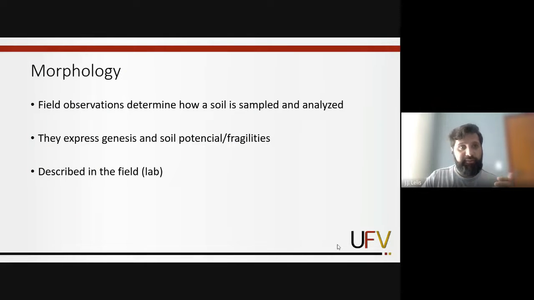And I can understand which use I can propose for one soil and which use I should avoid for one specific soil according to its morphology, okay? All these properties should be described in the field, and some of them I can describe in a lab using some equipment, but the majority of them are described in the field, okay?